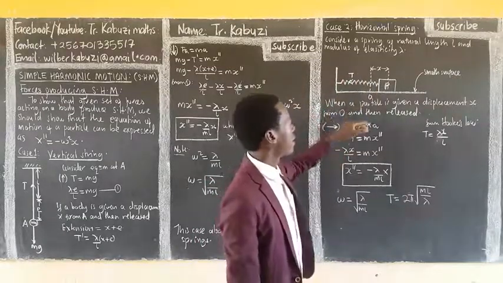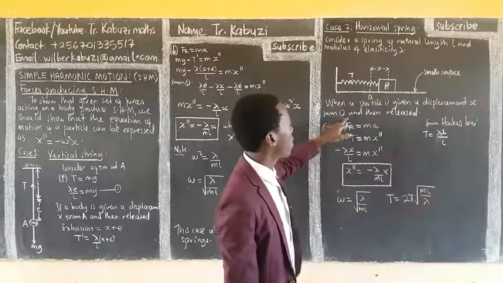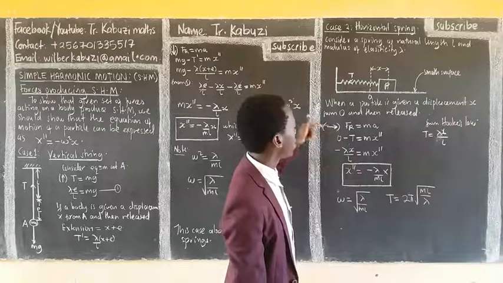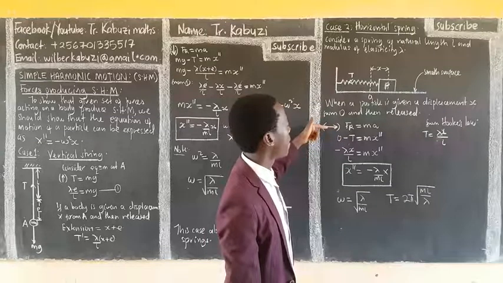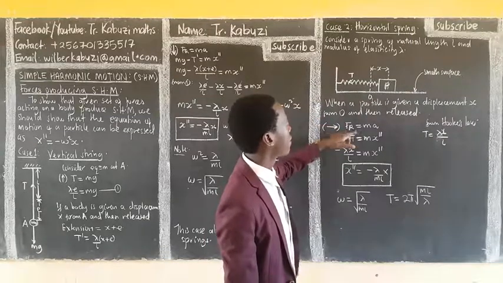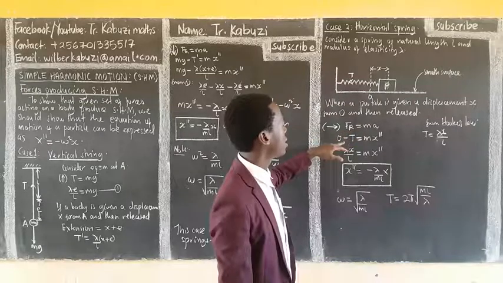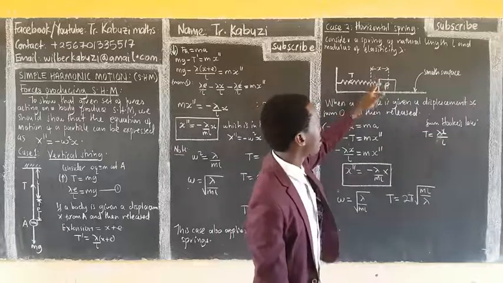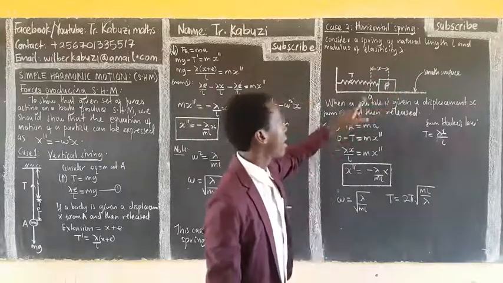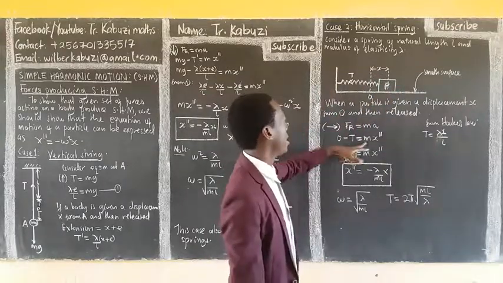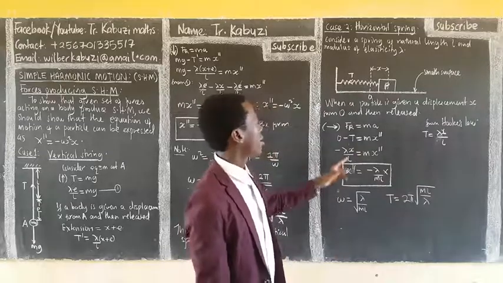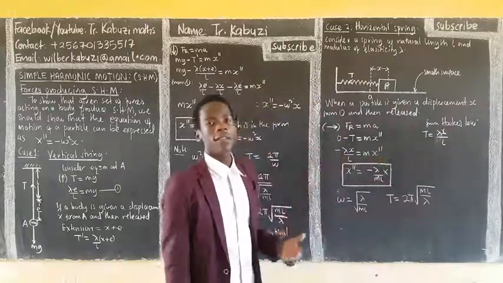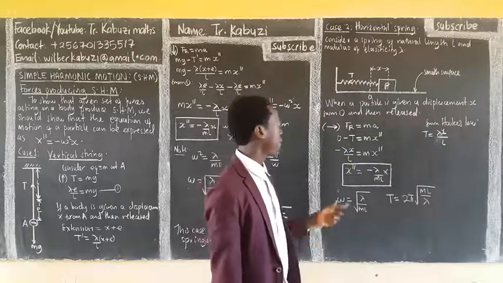When a particle is given a displacement x from O, if I resolve horizontally, the resultant force is equal to mass times acceleration. We don't have any other force here. This is our displacement we are considering there. Then from Hooke's law, this is the force now acting on the string.